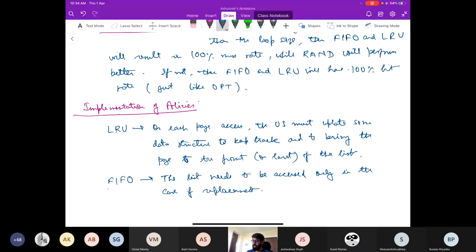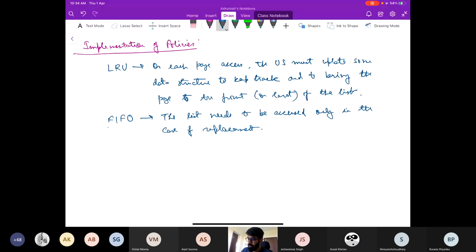And if you're going through misses, then you go to the list and evict the first page. Okay. So LRU, of course, demands more accounting, right?